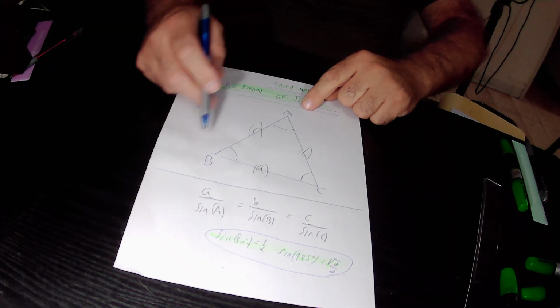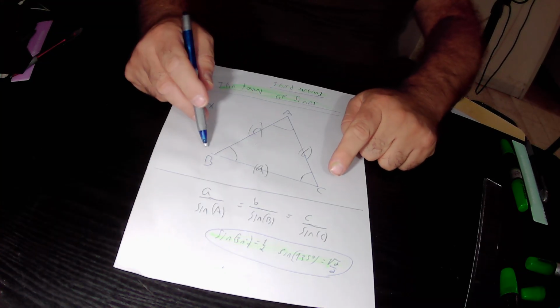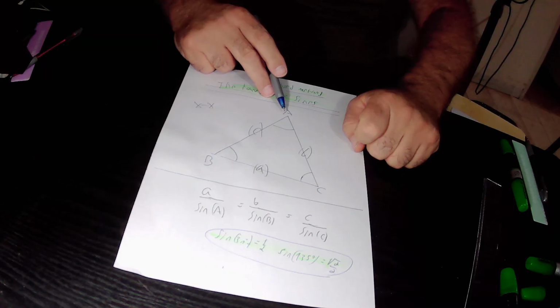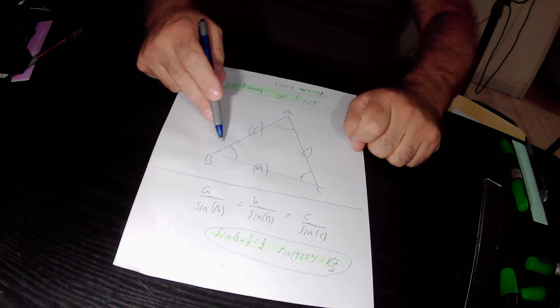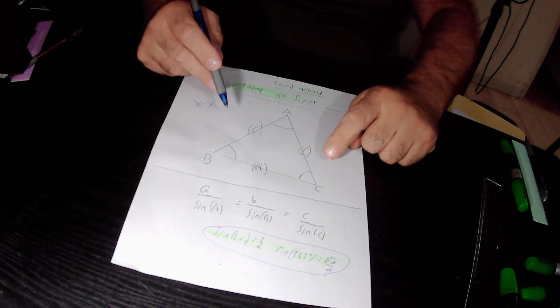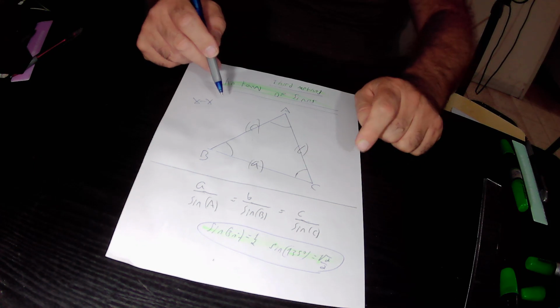Side AB of triangle ABC equals c units, side AC equals b units, side BC equals a units. This is angle BAC, which equals capital A degrees in size. This is angle ABC, which equals capital B degrees in size. This angle ACB equals capital C degrees in size.